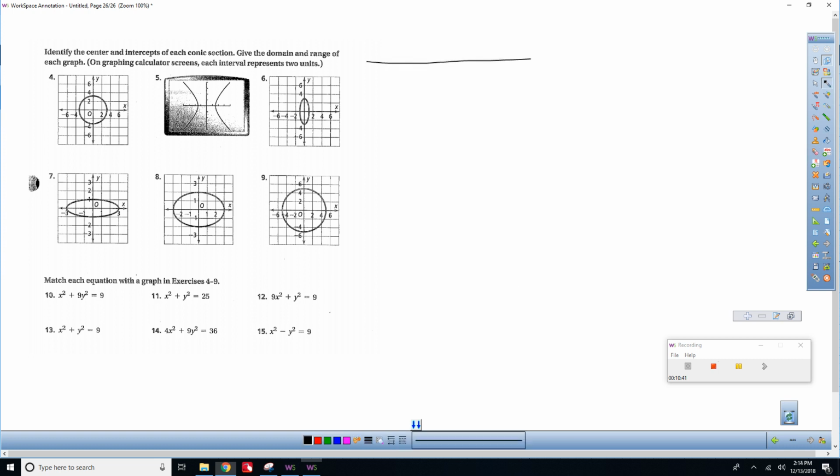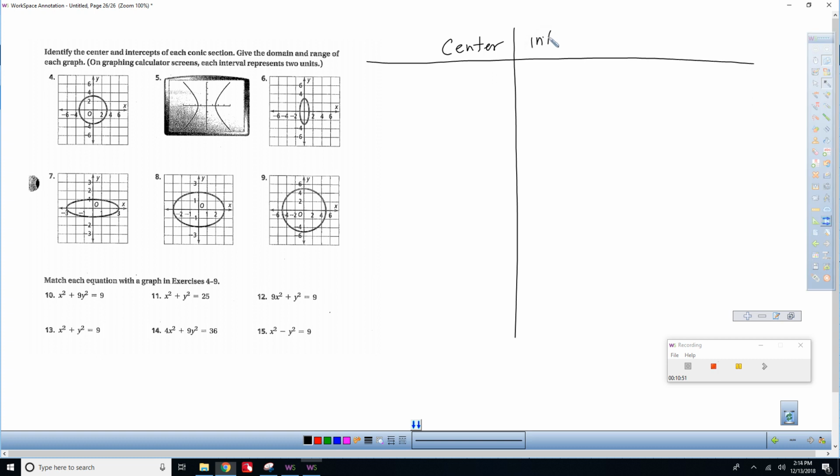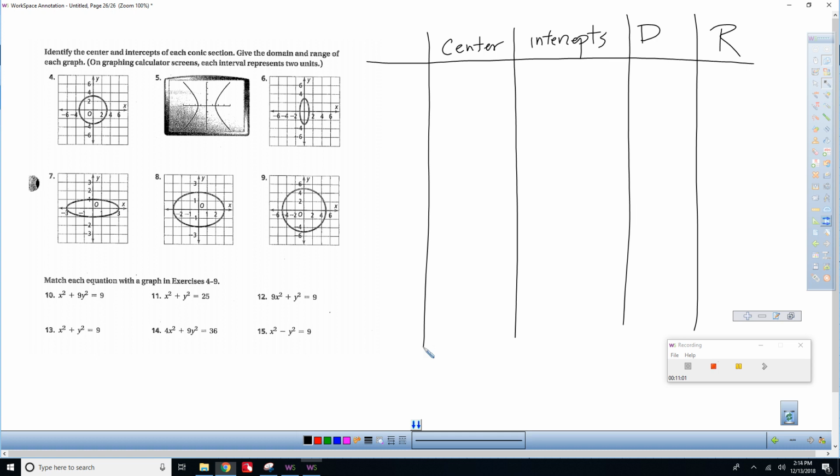We've got center, intercepts, domain, range, number 4, 5, and 6. You guys can do the rest.